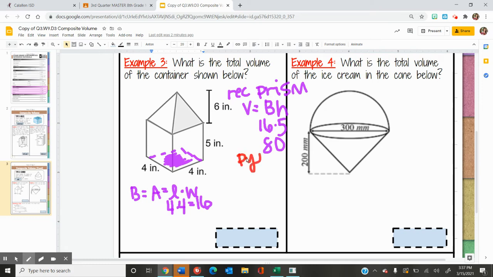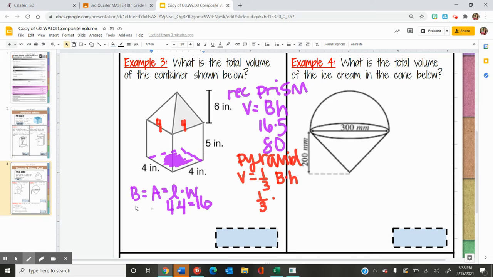So for my pyramid, I have volume equals 1/3 times the area of my base times the height. So if this side is 4, this side is also 4. And if my width here is 4, this is also going to be 4. They line up exactly, so I'm just going to move those numbers up as well.